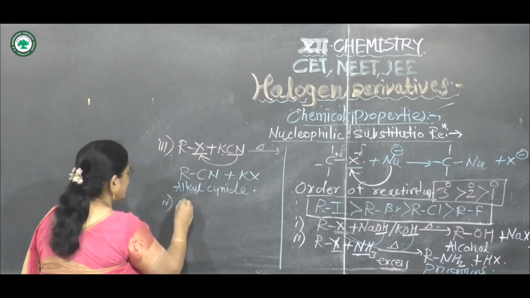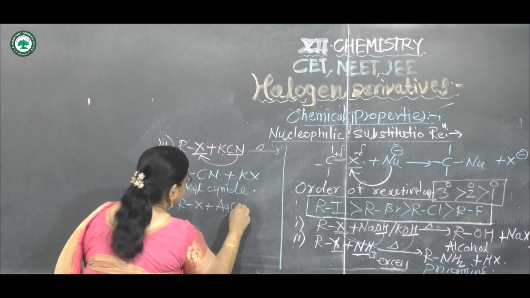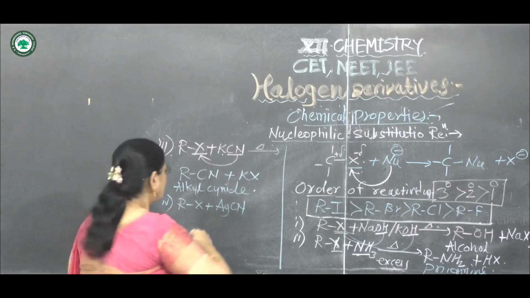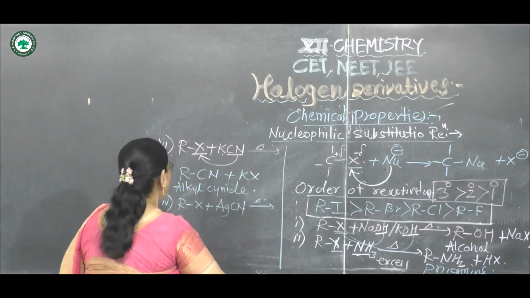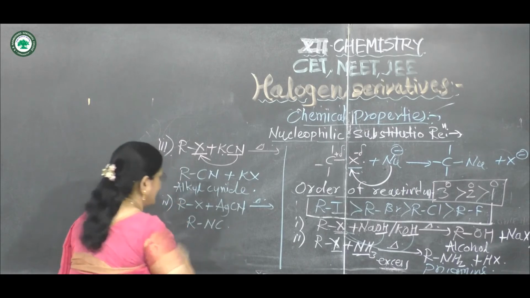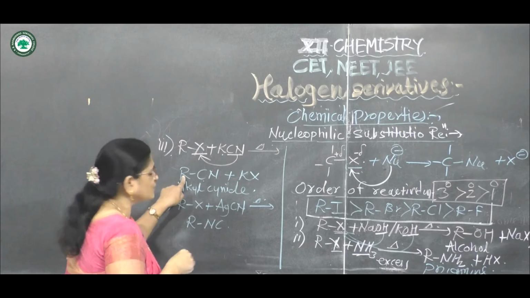But if RX reacts with silver cyanide, see here there is potassium cyanide, but if it reacts with silver cyanide on heating, it gives alkyl isocyanide. Here the carbon is bonded to the carbon.